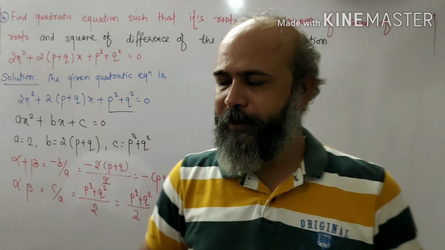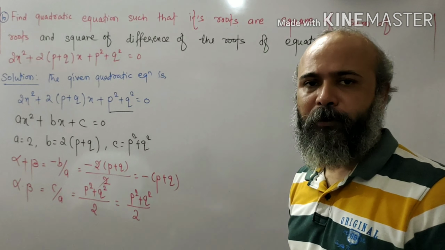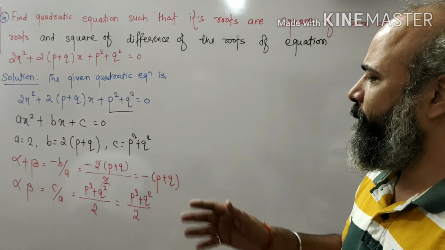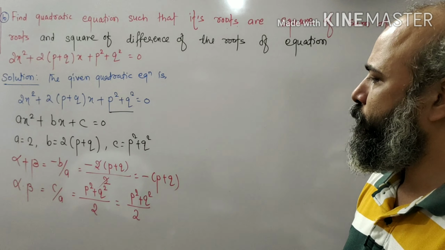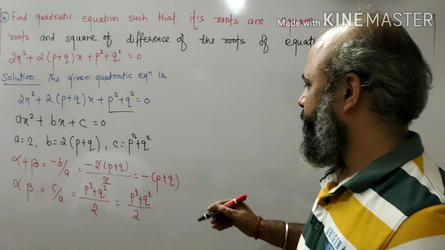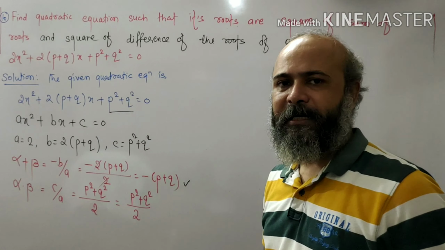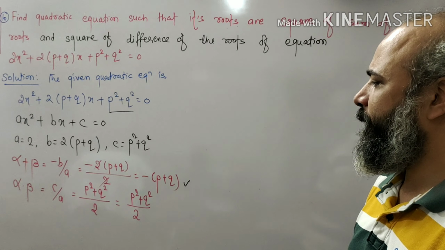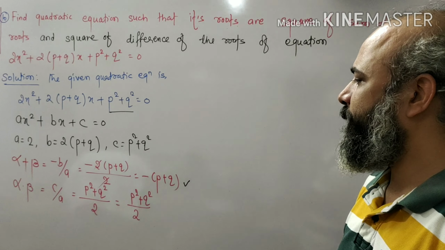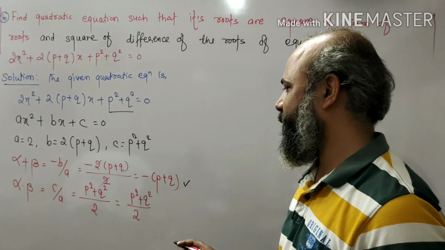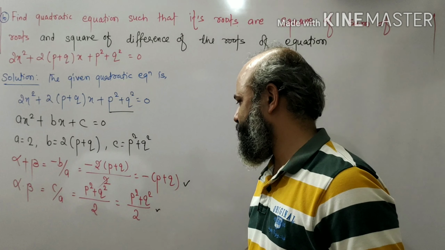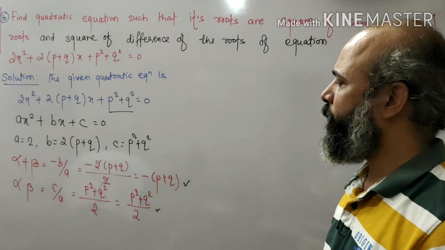So if alpha and beta are the roots of this quadratic equation, then alpha plus beta is minus (p plus q), and alpha into beta is c by a, that is p square plus q square upon 2.